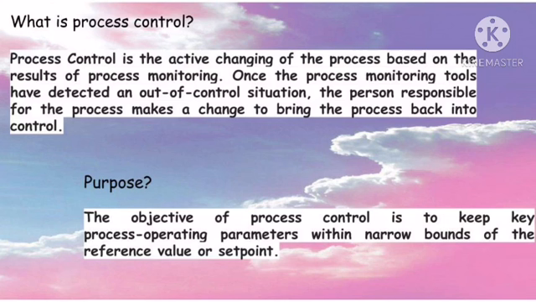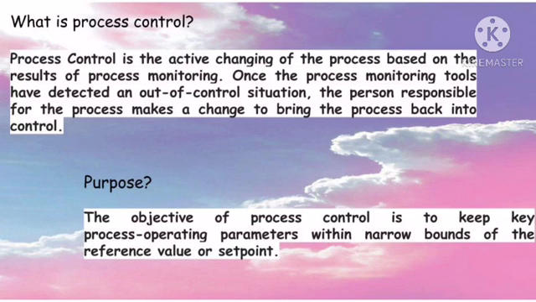So what is process control? Process control is the active changing of the process based on the results of process monitoring. Once the process monitoring tools have detected an out of control situation, the person responsible for the process makes a change to bring the process back into control.